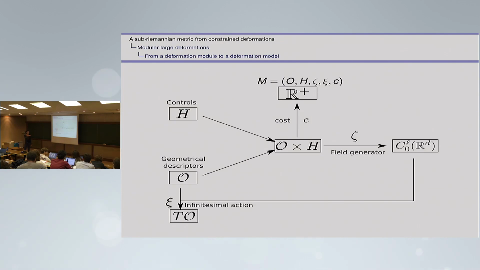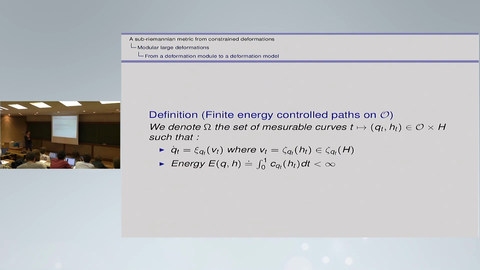So we consider trajectories such that you have a feedback loop acting back on the geometrical descriptor to give its speed. We also assume that the energy, defined as the integral of the cost, is finite.